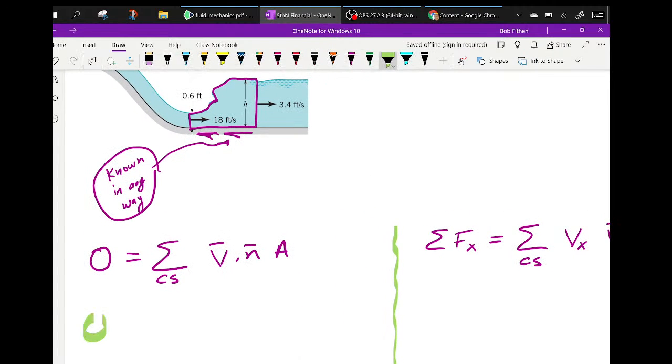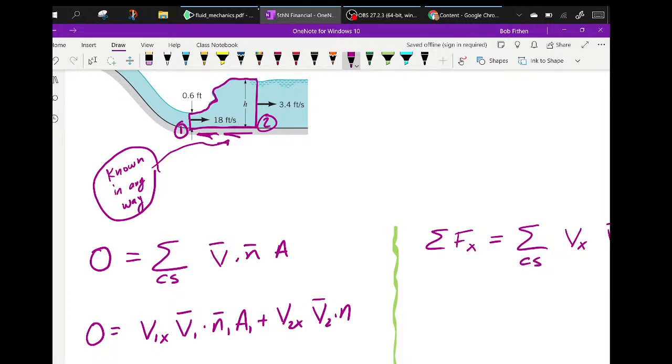And what we have here, 0 is equal to, and I guess I need to designate this being 1 and this being 2, V1x, V1 dot N1, and these are both vectors, A1 plus V2x, V2 dot N2, A2.